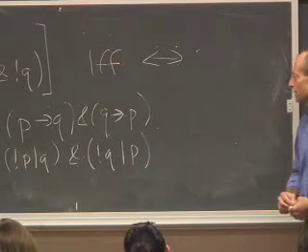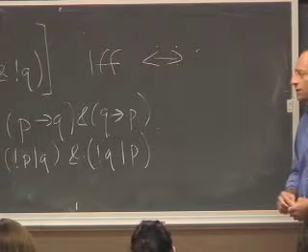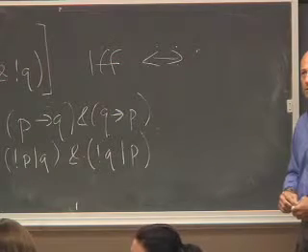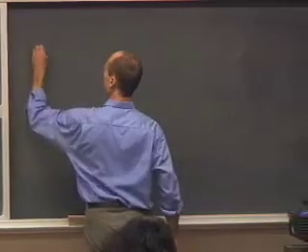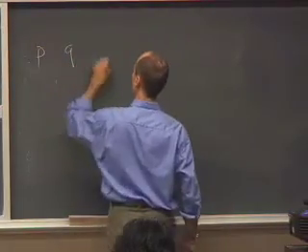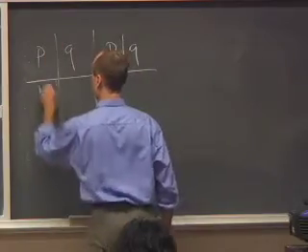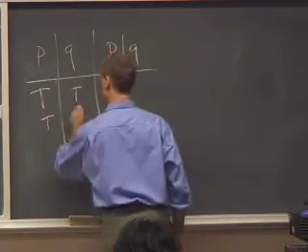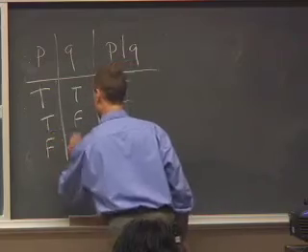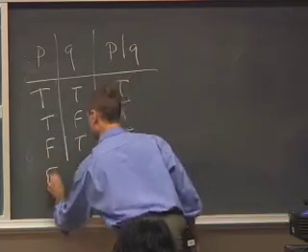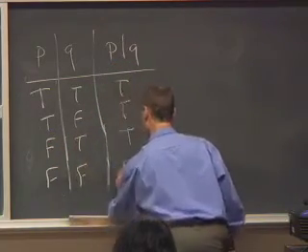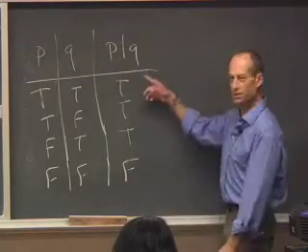Yes? For the ors in this, does that mean that it's only P or only Q, or it can also be both? No. So remember, the truth table for or is P, Q, P or Q. Okay, this is the truth table.